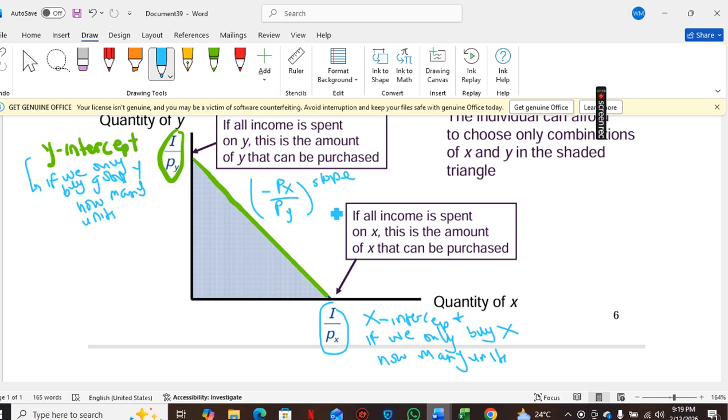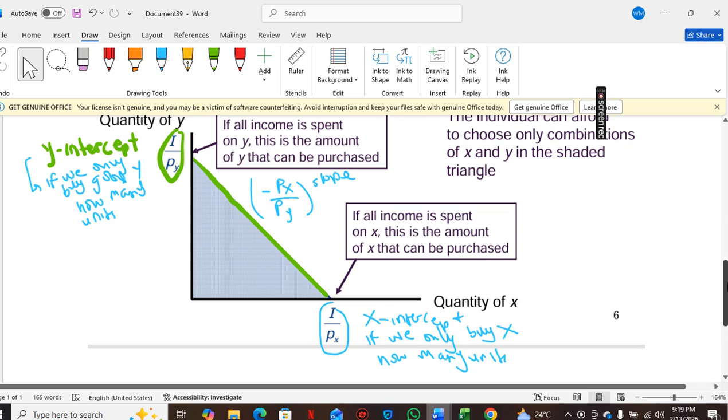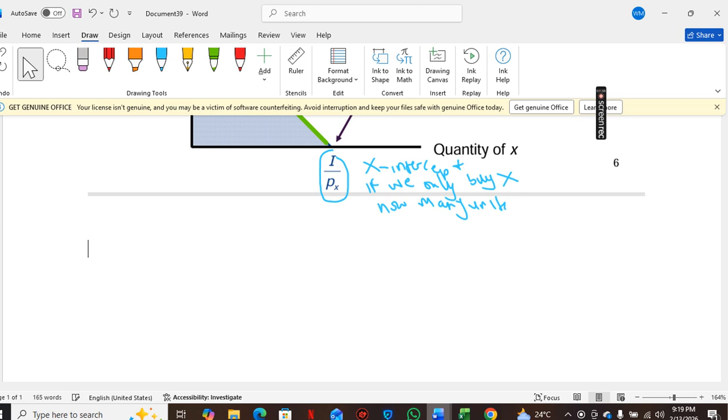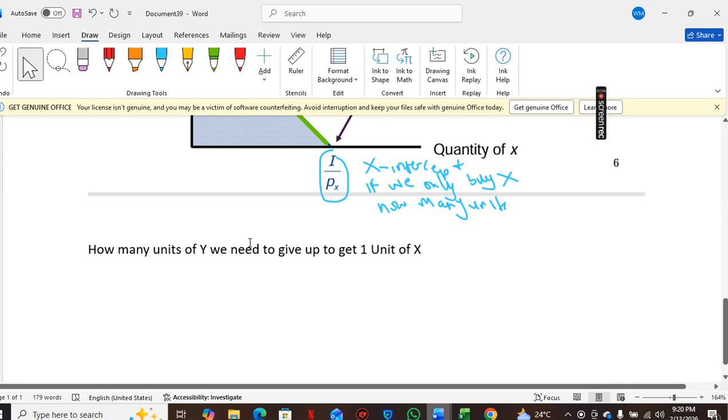What is this slope telling us? The slope is telling us how many units of Y we need to give up to get 1 unit of X. That is the slope of the budget constraint line.